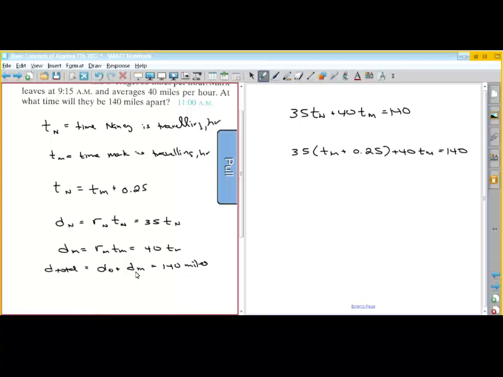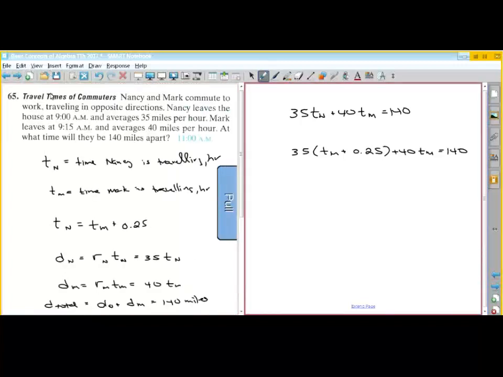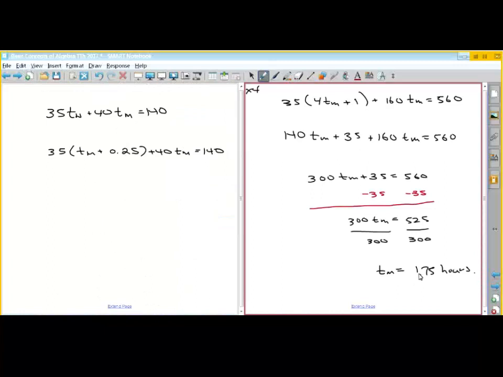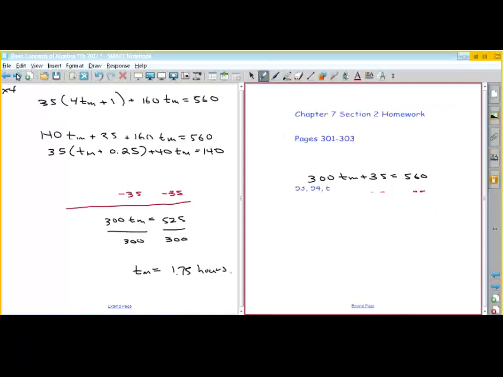And we said the total distance was the sum of the two distances. As a result of all that, we were able to come up with a single equation and a single unknown, and then we were able to solve for it. And then we looked to see what they were actually asking for. The actual thing they were asking for was not how long they were traveling, but at what time they reached a point where the total distance apart was the amount specified in the problem.